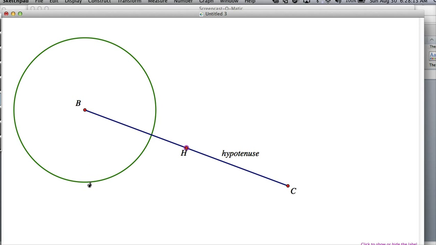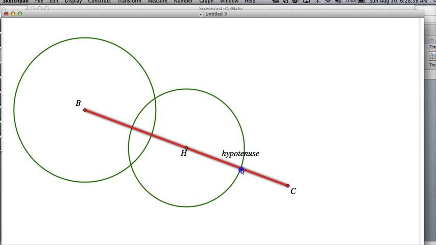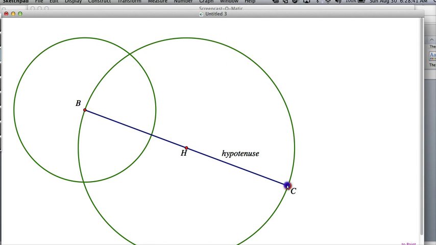So for the students, I would say, well, how do we construct all of the points that are the same distance from H as C is? I'll give them time to think about that. So we know that would be a circle centered at C, having radius HC.